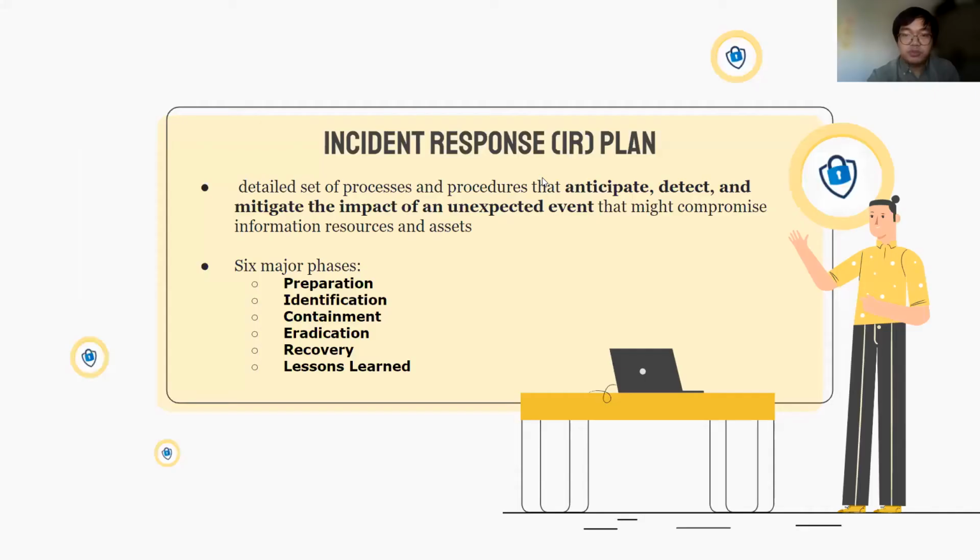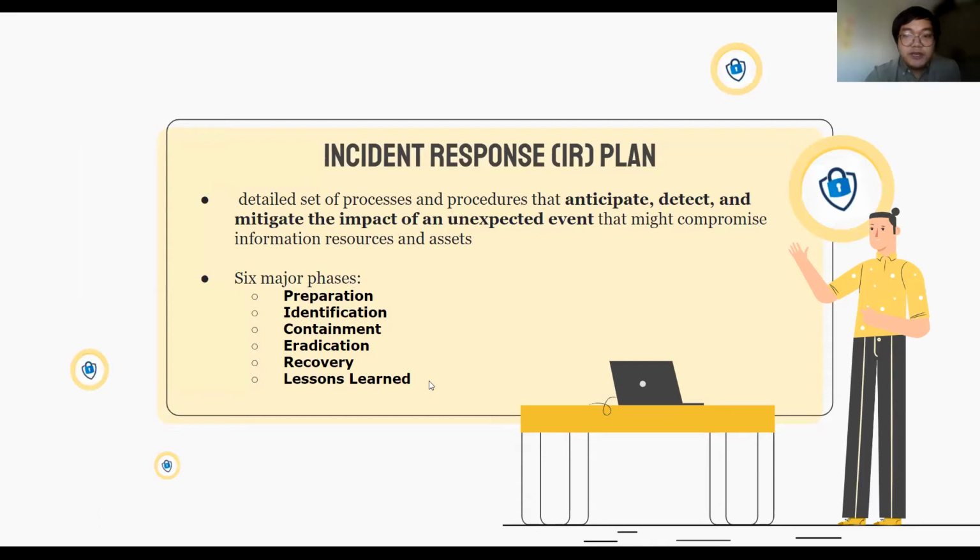Okay, so let's proceed with the incident response plan. What happens if your defense in depth fails? There is one element that makes all of the defense in depth mechanisms fail, which is human interaction. Essentially, the weakness of defense in depth is social engineering. What is this?